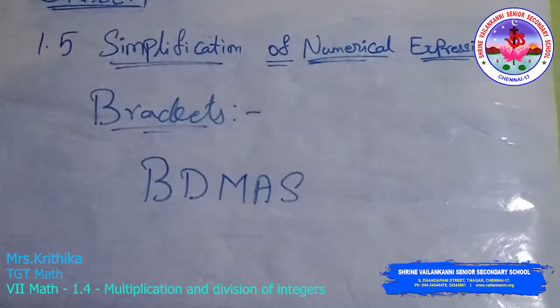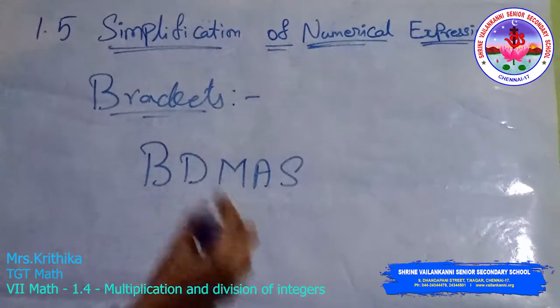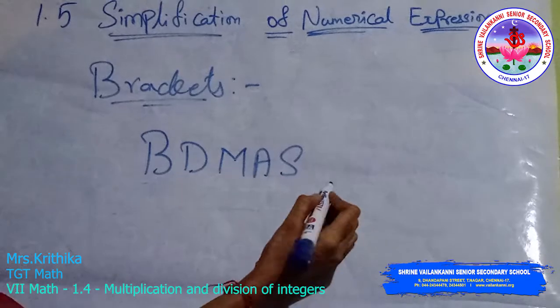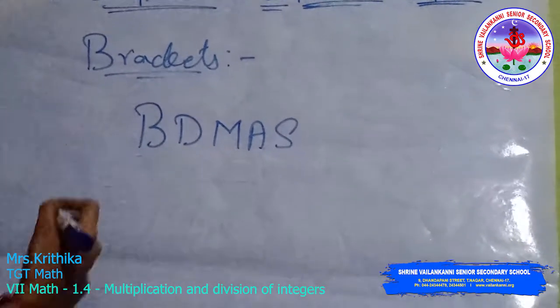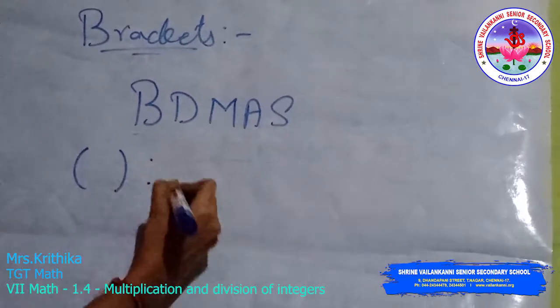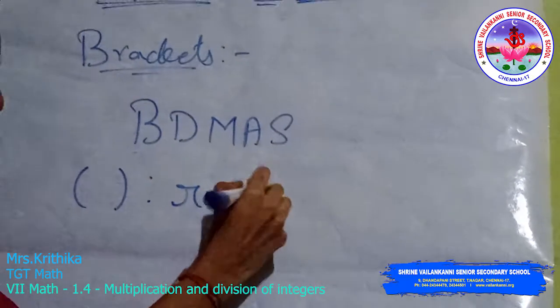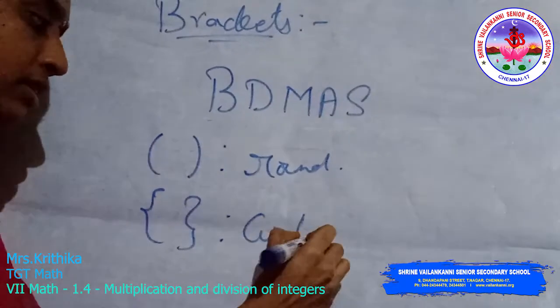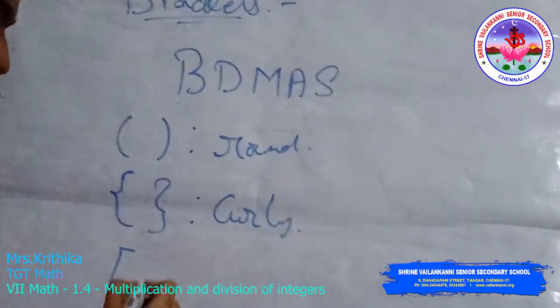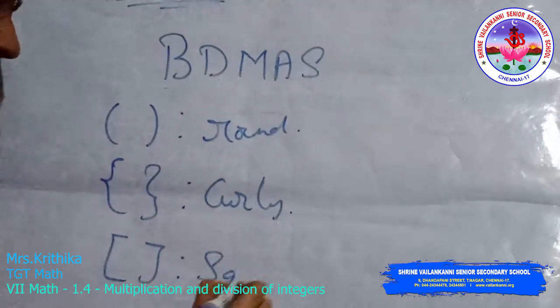Next one, brackets. In expressions having brackets, we use BODMAS. The brackets have three types. This is the round bracket. This one is the curly bracket. This is the square bracket.